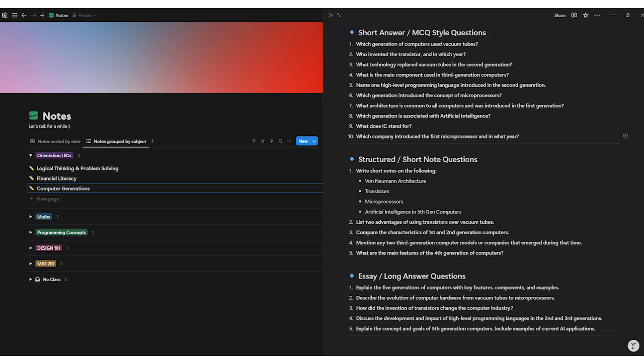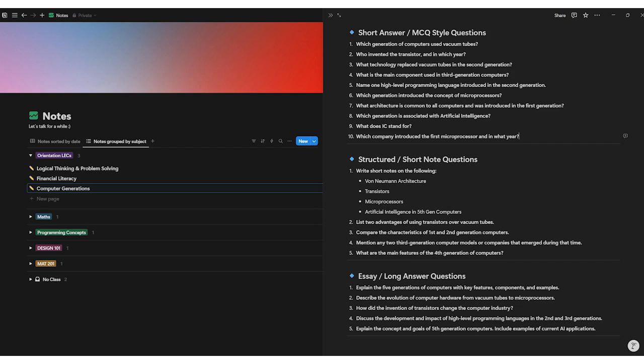Mention two of the third generation computer models. Let's say computer models in third generation, right? These are very big companies, even nowadays, such as Intel and AMD.